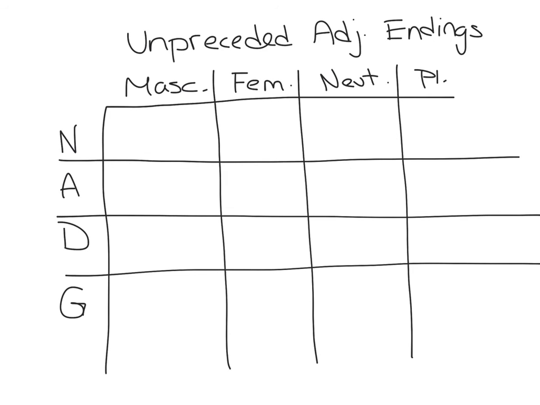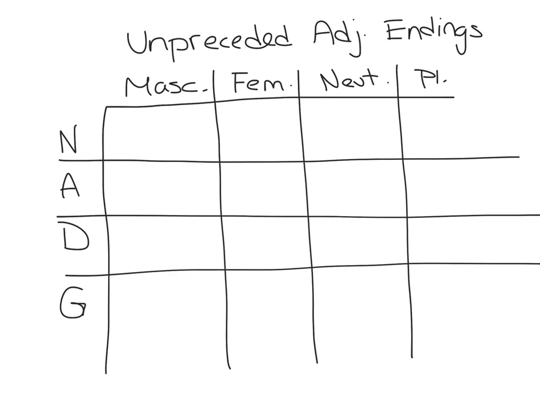Underneath your chart for adjective endings after definite and indefinite articles, make a chart like this one for your unpreceded adjective endings. Pause the video and make your chart now. So this is the chart that you would use if your adjective did not have a definite or indefinite article in front of it.